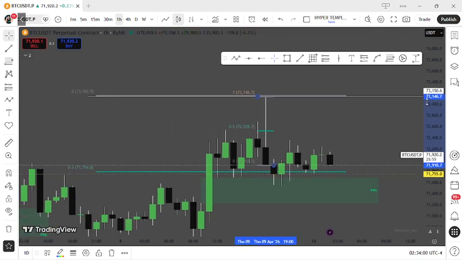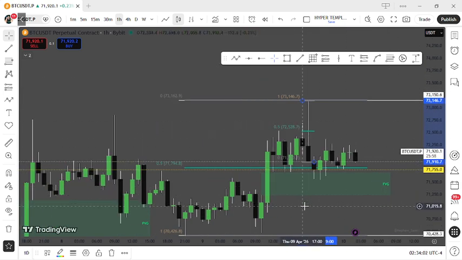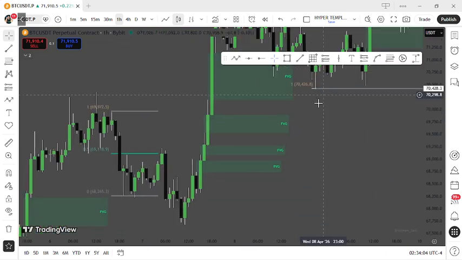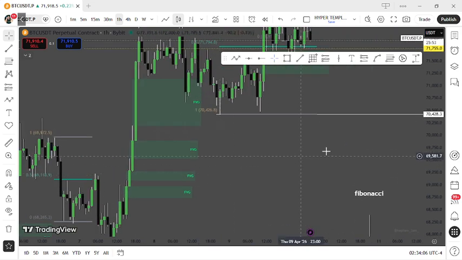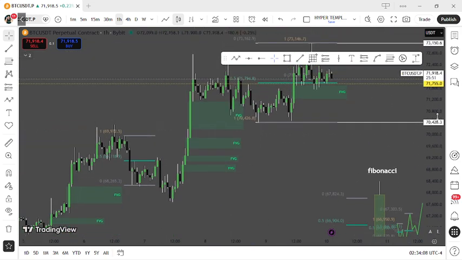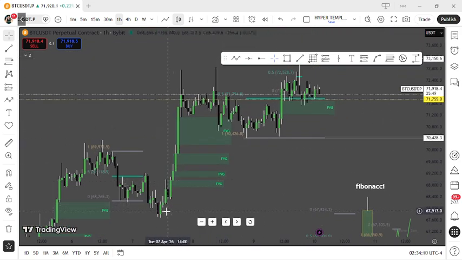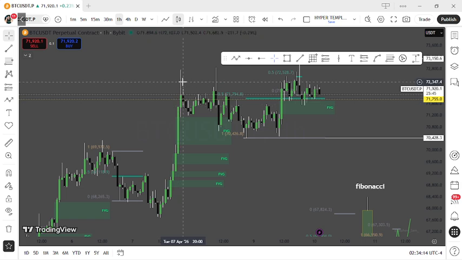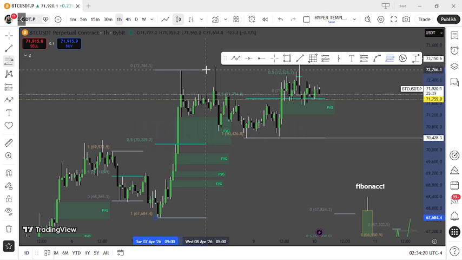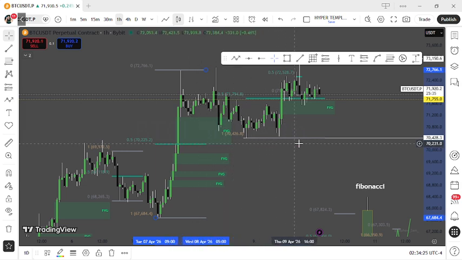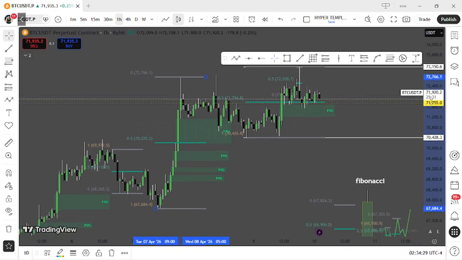But if I want to apply it to a particular price swing, that means I am considering the low and the high of that swing. For example, the low and the high of this swing, I can just mark it this way, and I will expect price to retrace back to this level before I take a buy position.